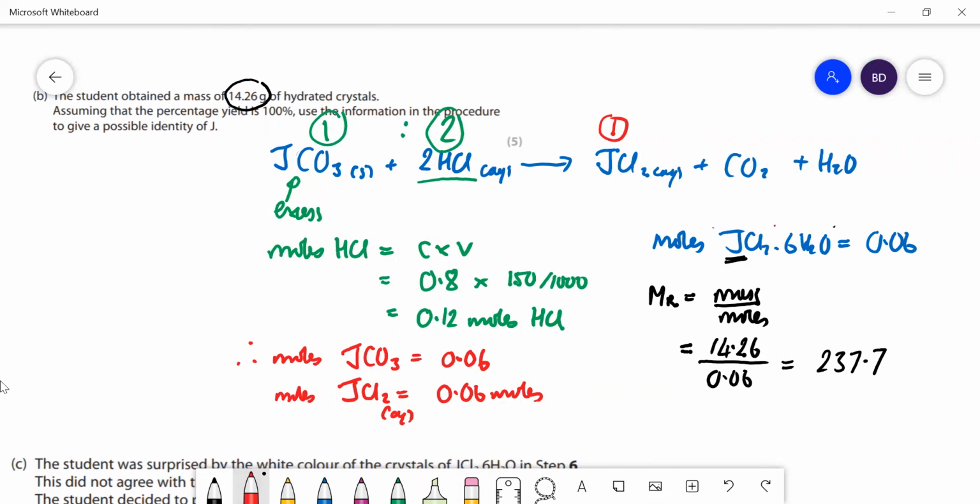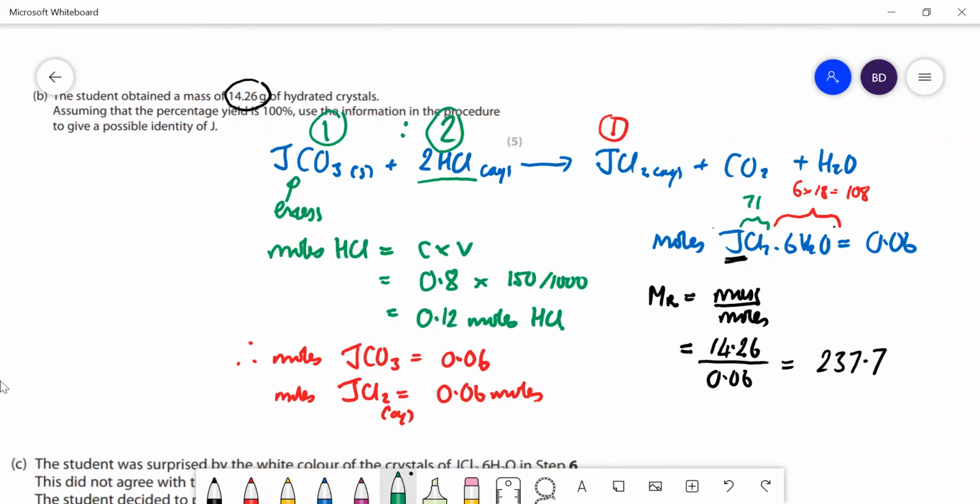That's going to be 6 times 18, which is equal to 108 for that. The chlorines are going to be 2 times 35.5, that's equal to 71.